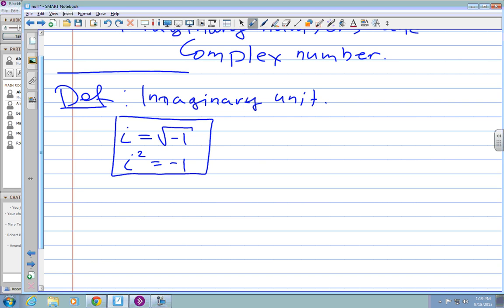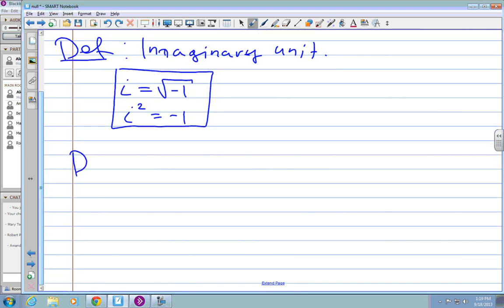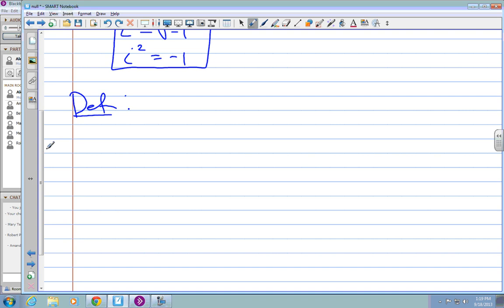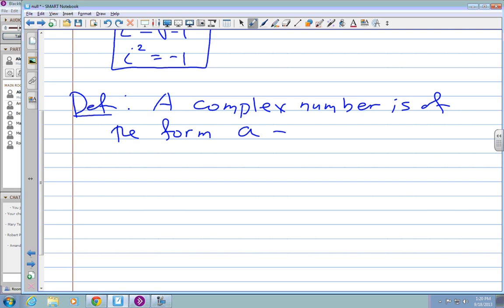Okay? Now, definition of a complex number. Complex numbers are of the form a plus bi, where a and b are both real numbers.